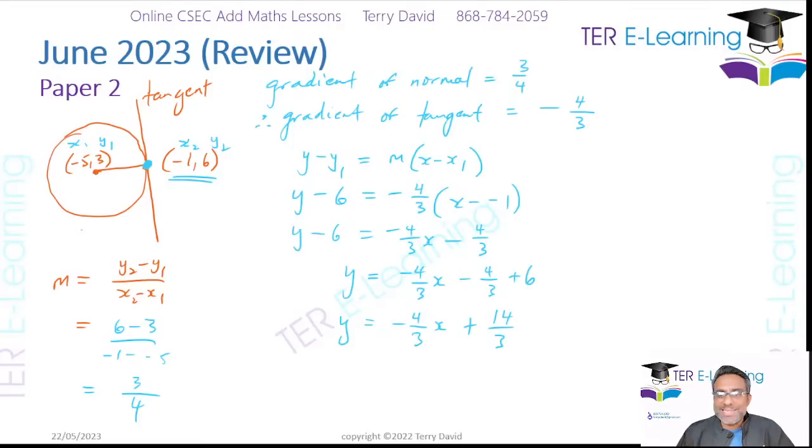Now you can leave your answer like this, or some people like to show that they know what they're doing. So you can also write your answer as 3y is equal to minus 4x plus 14. Or you can write your answer as 3y plus 4x is equal to 14. All of these are possible ways of writing your answer.